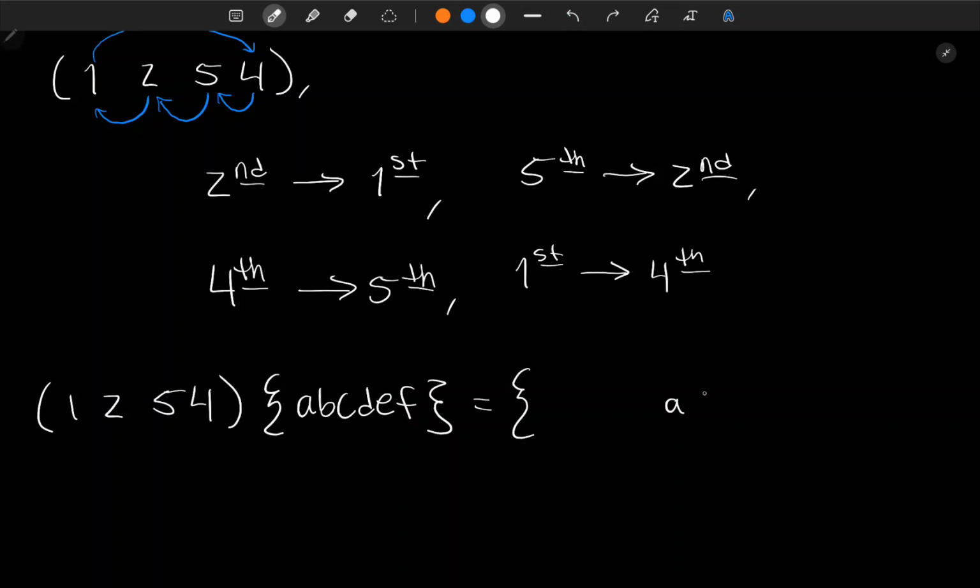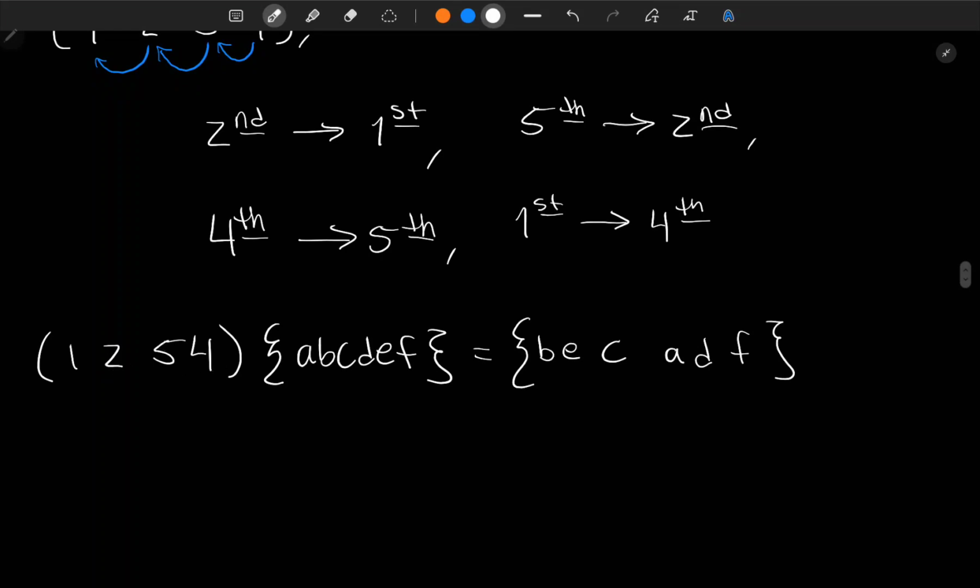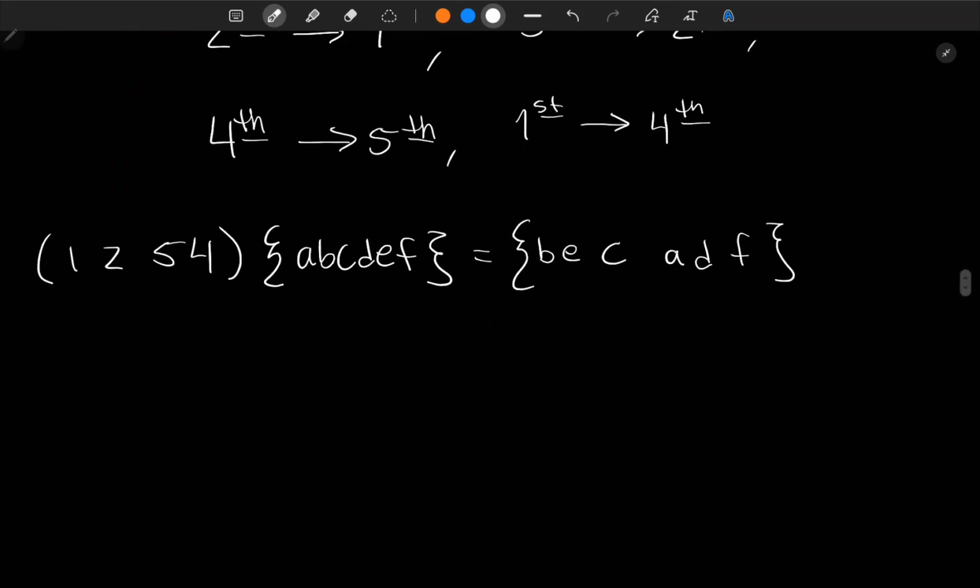So that means D should be here. Then the fifth element, which is E, goes to the second position. So E is here. And then the second element, which is B, goes to the first position. So B is in the first position here. And then everything else is left the same. So we have C and F. So this is how 1, 2, 5, 4 would act on A, B, C, D, E, F.